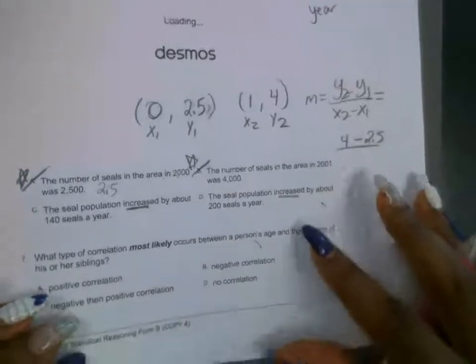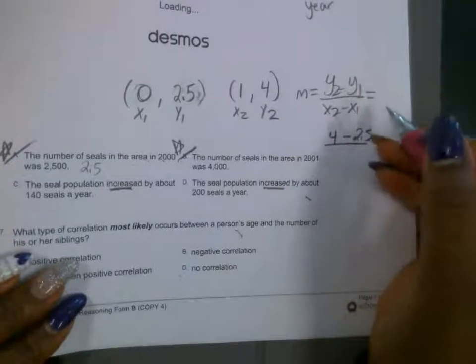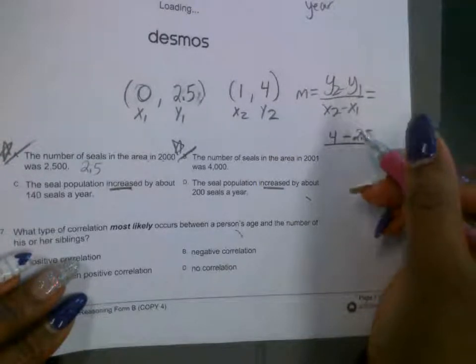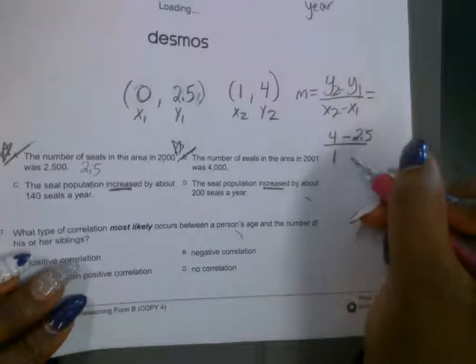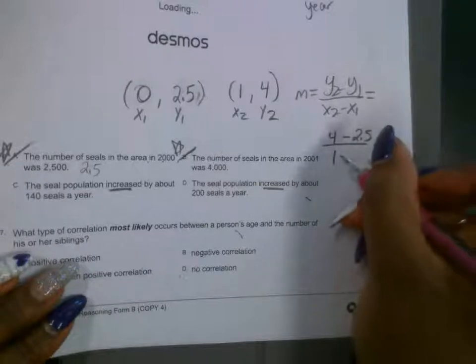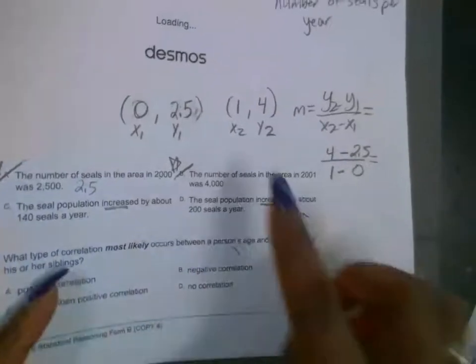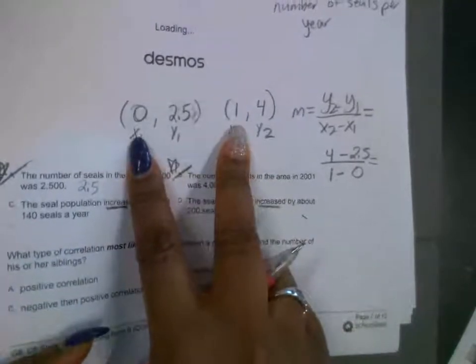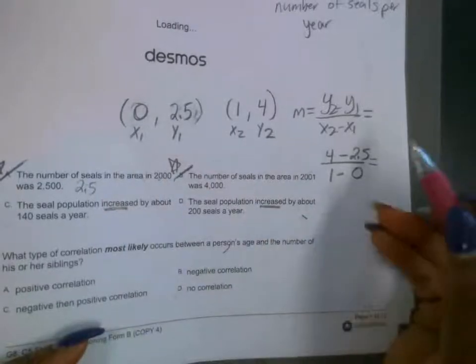What goes on the bottom? It's 1 minus the 0. These are your x's, okay? It's x2 minus the x1.